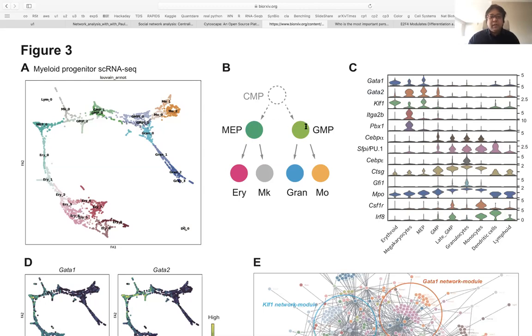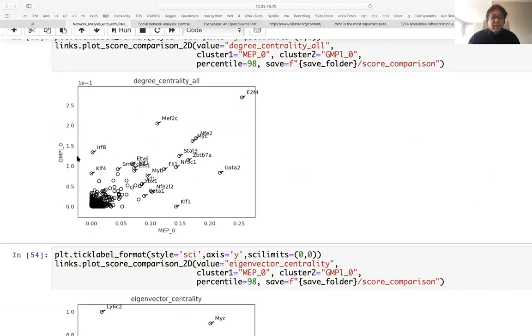These are similar clusters, but differentiate into totally different lineages. Here we want to compare MEP and GMP because we want to know what factor is important for the determination of lineage commitment. So we can compare GMP and MEP here.